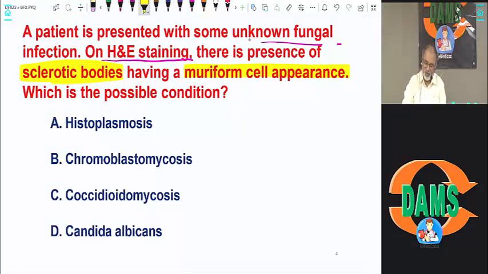Now it becomes a known fungal infection. We can't say it's unknown because you identified it. What is it? Chromoblastomycosis. What agent causes it? Cladosporium, Phialophora, Fonsecaea, all.